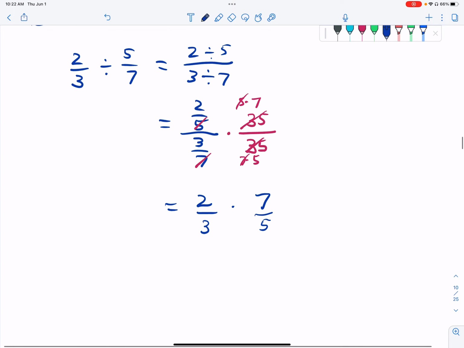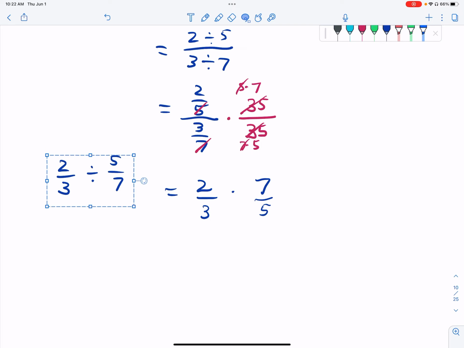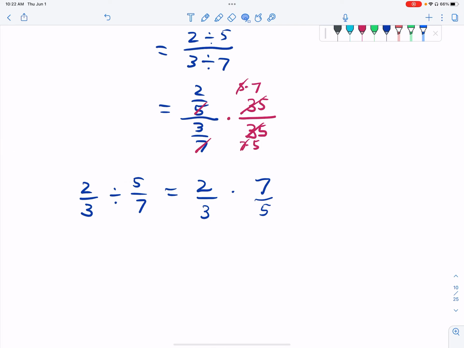Let me bring this original problem down and just show you what just happened. 2/3 divided by 5 over 7 is the same thing as 2/3 times 7/5, which is keep, and then change, and then flip.